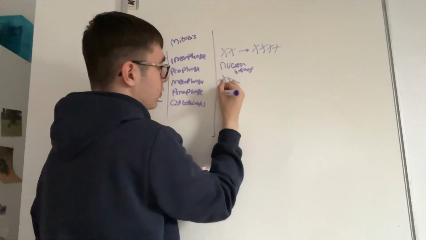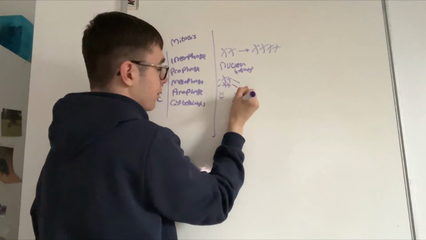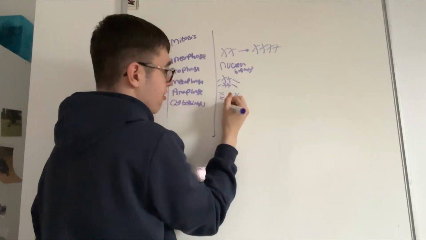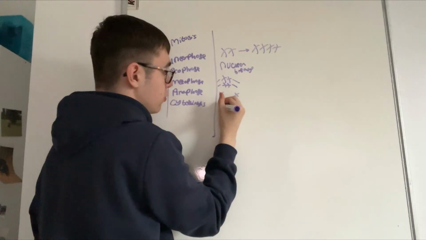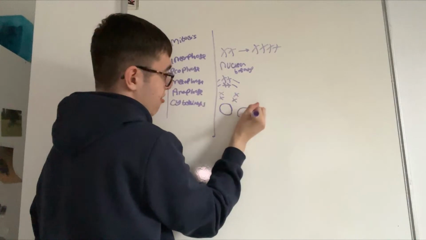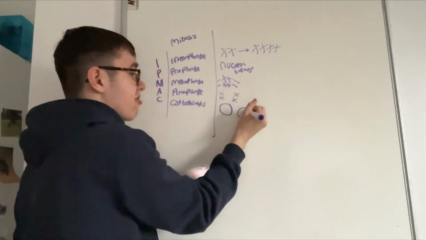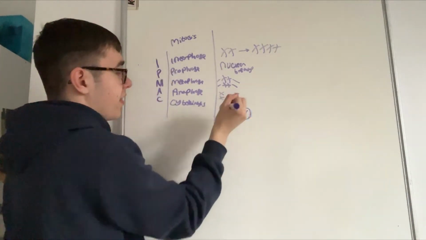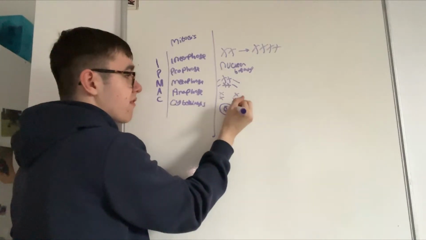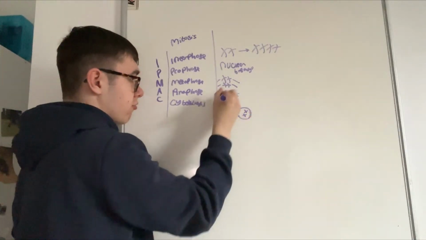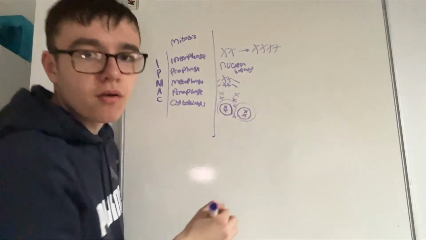Anaphase is where they're pulled apart. And cytokinesis is where a new membrane is put around each set of chromosomes to create new nuclei, and the cell is pinched to create two identical cells.